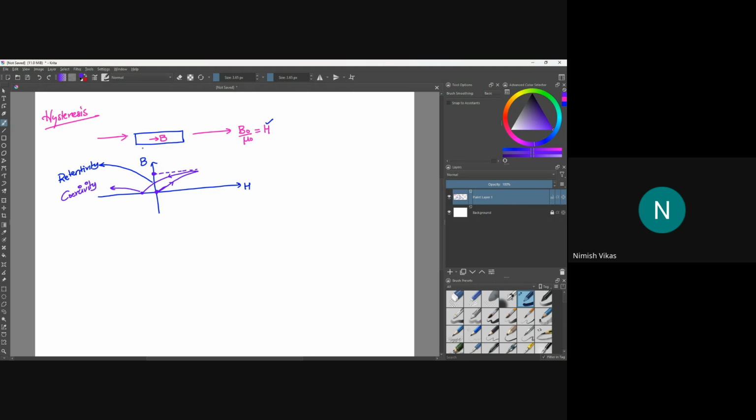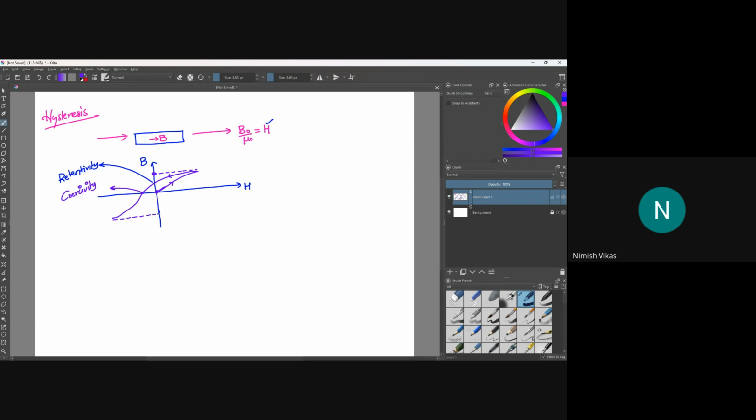Okay. So from here on, if you further decrease H and make it even more negative, B will also start becoming more and more negative. And again, at some value of H, it will saturate. All the domains are now aligned in the other direction perfectly, and you cannot align them anymore.